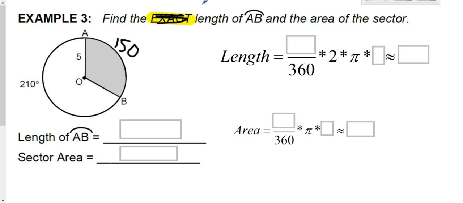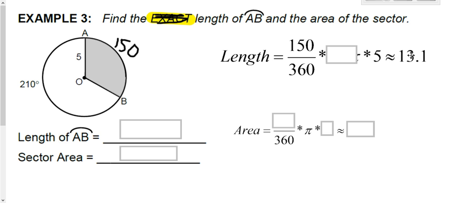We take the measure of the arc, 150 divided by 360. For length, we're taking the circumference, 2 times pi times the radius. And that is approximately 13.1 for the length of this arc, how long it is.